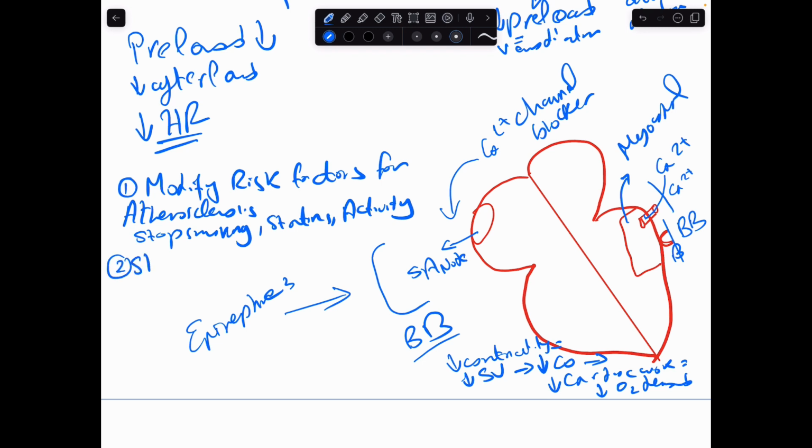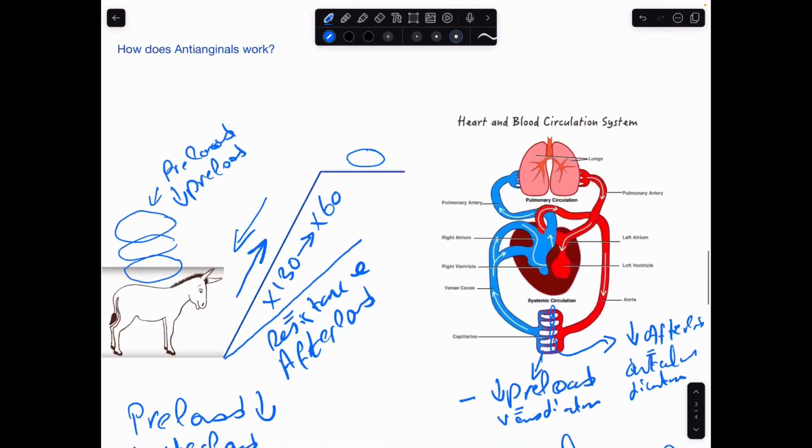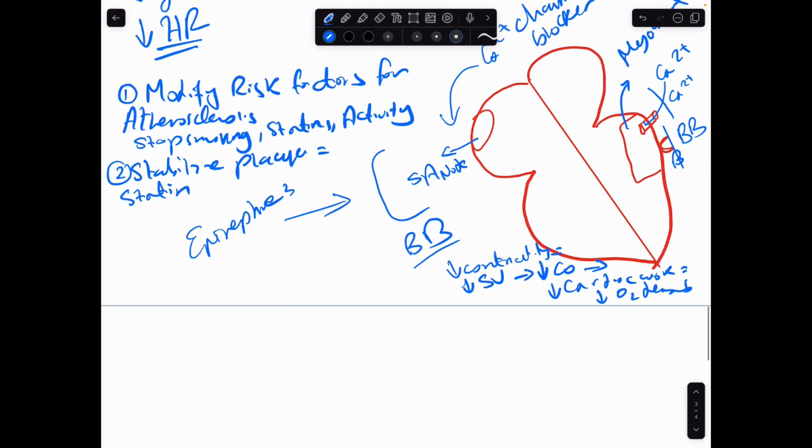Stabilizing the plaque, which is again statins, avoids it from fissuring and rupturing, as we mentioned earlier. And then the third thing is antiplatelet aggregation, antiplatelets.